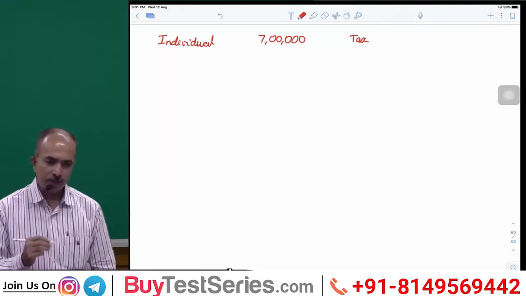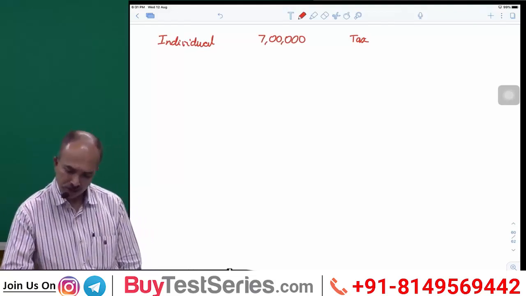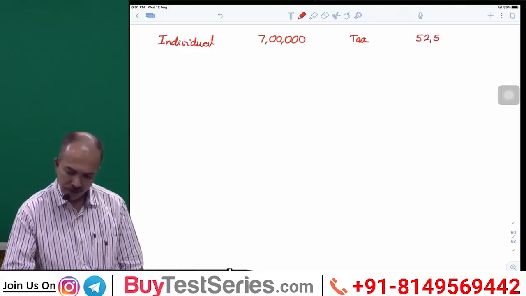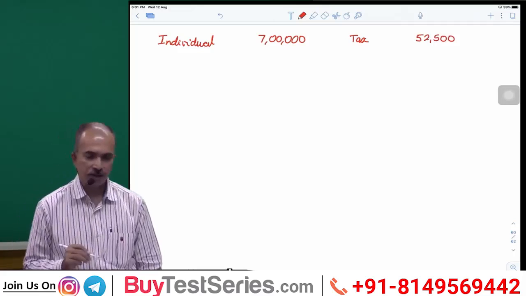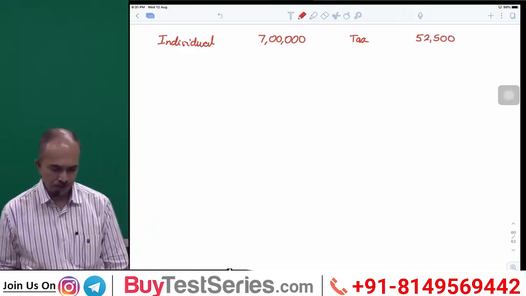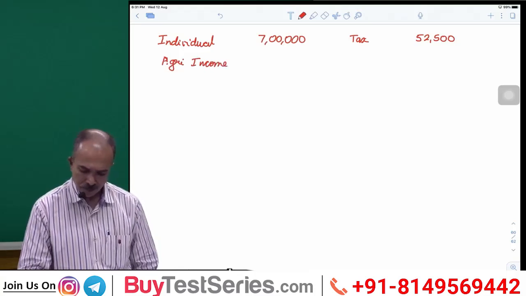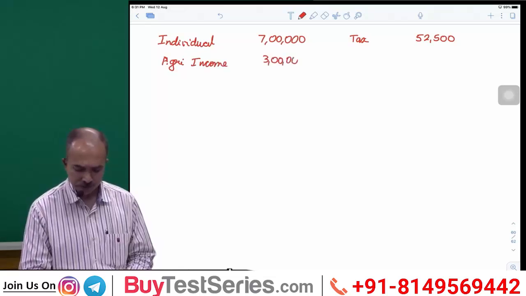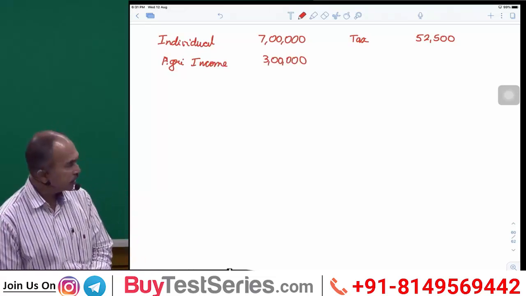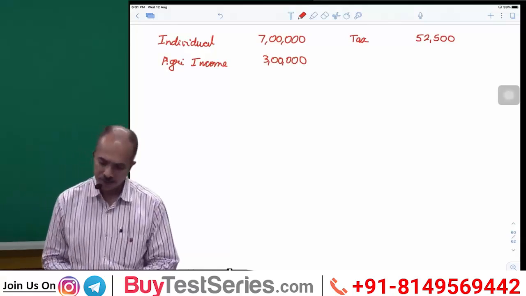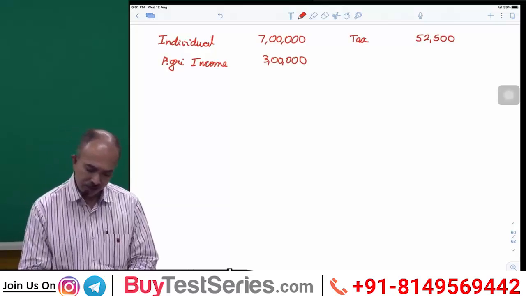Next 2 lakh, 20%, 40,000. So tax would have been 52,500. Okay, subject to cess. Now let us assume he has agricultural income of 3 lakh rupees. Now if his agriculture is 3 lakh, we compute the tax in 3 steps.